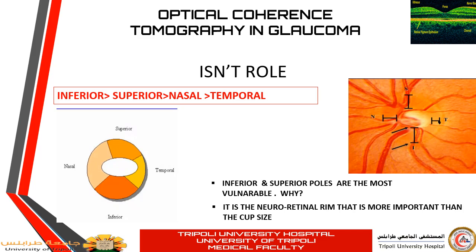So because of the large pores of the lamina cribrosa in the superior and inferior parts, glaucomatous damage is much more common in the superior and inferior parts of the neuroretinal rim, which receives the arcuate fibers from the retina. That's why the first area to be commonly affected is the inferior, followed by the superior pole. That's why we have to concentrate on this area.